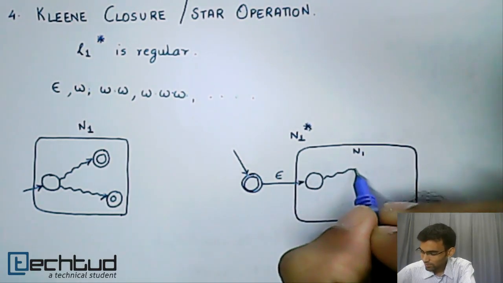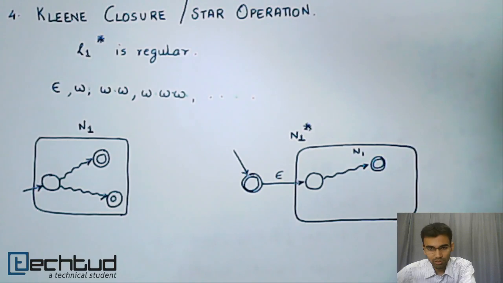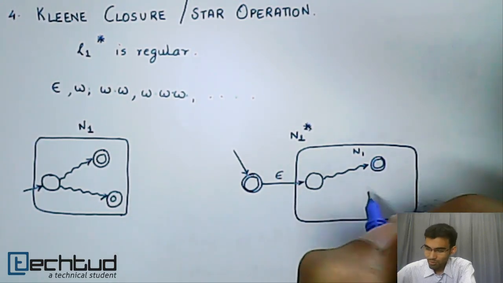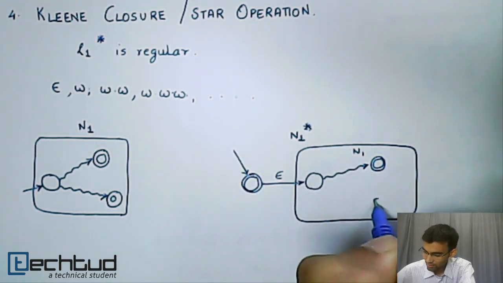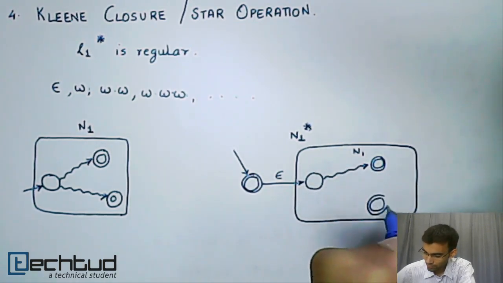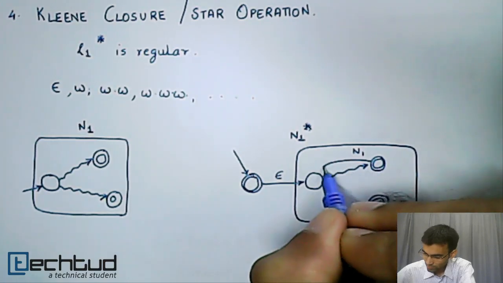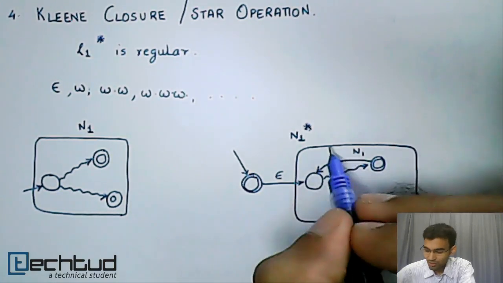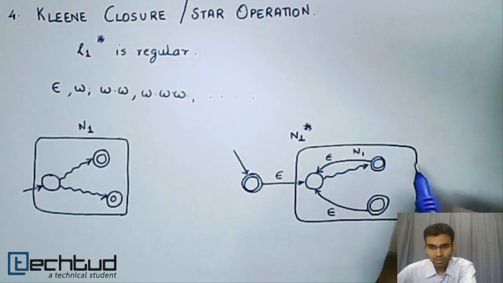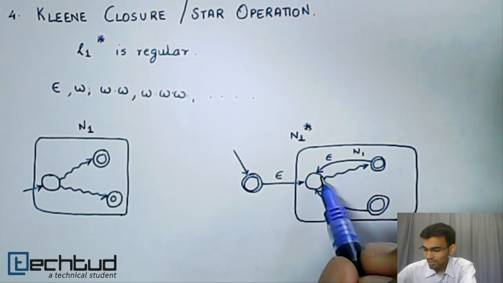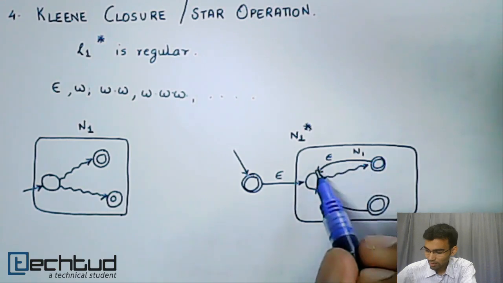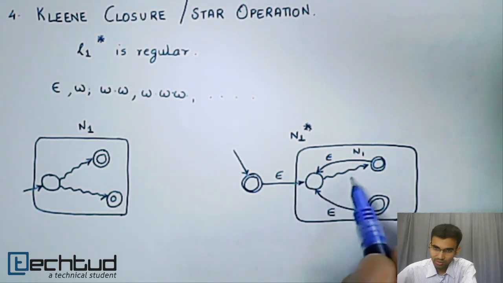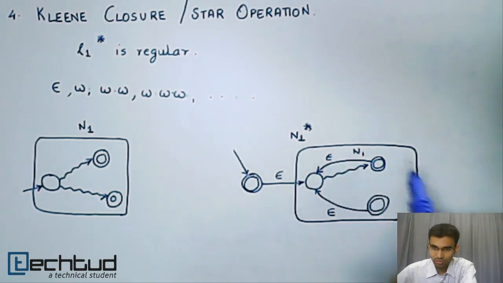From the start state, N1 will accept some word by going from the start state to the final state, and we will add a single transition from every final state in N1 to the start state. The label of the transition will be epsilon. This ensures that if N1 accepts a word, we can take an epsilon and start accepting another word in N1, thereby concatenating strings from N1.